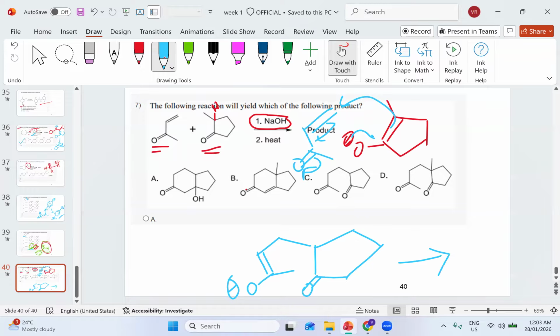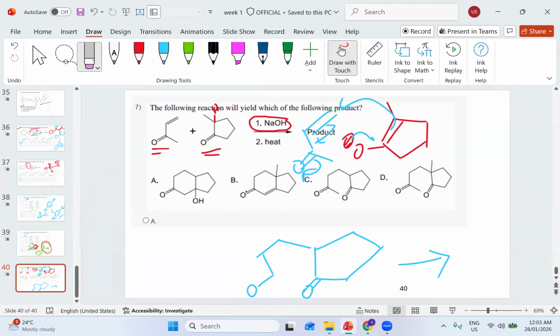In the second step, what do we get? So this enolate now can tautomerize, right? I will directly skip one step. Negative.